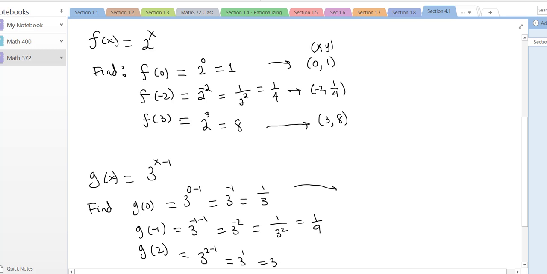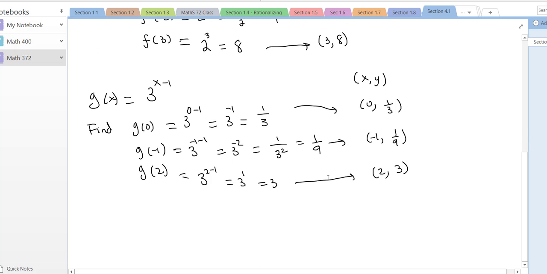So again, as coordinate pairs, in terms of x, y, this will be x was 0, y became 1/3. When we evaluated when x was negative 1, y was 1/9. And when we evaluated when x was 2, y became 3. And so this is how we evaluate exponential functions.